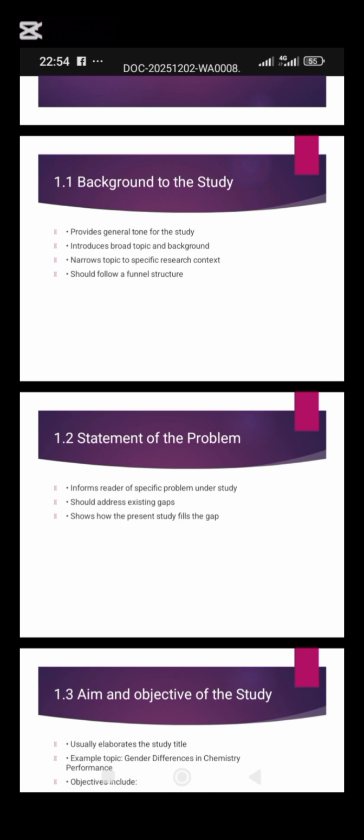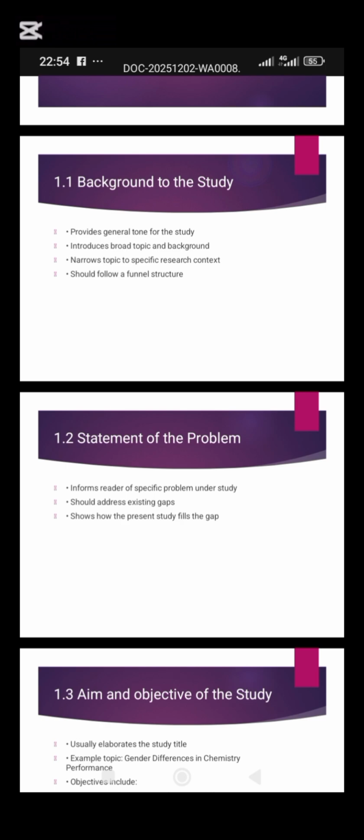Anybody that comes across your project will have a kind of summary of the literature. You know, the literature review is everything in detail, but the background to the study is a brief summary of the literature review. That brief summary should cover what you want to do in the research.